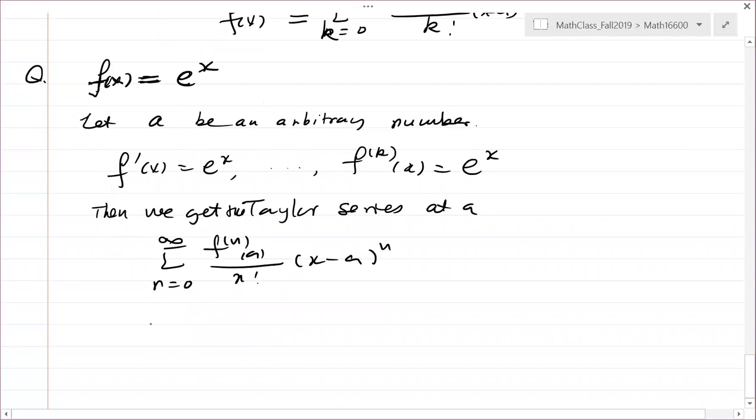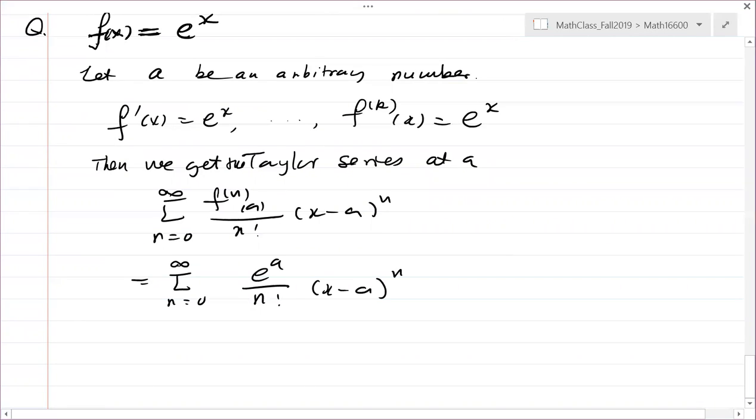So let's compute it. No matter how many times you differentiate, when you plug in a for x, it's the same number, right?